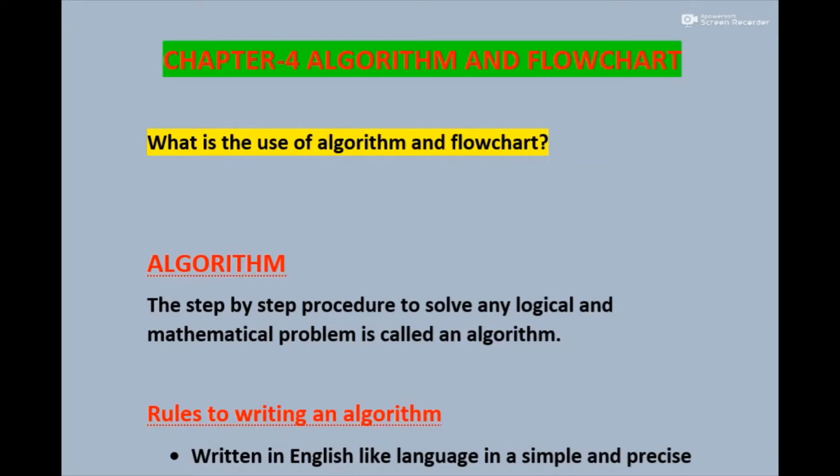These instructions written in a stepwise sequence are called a program or computer programming. So computers need instructions to perform any task, and these instructions will be a stepwise sequence, that we call a program.